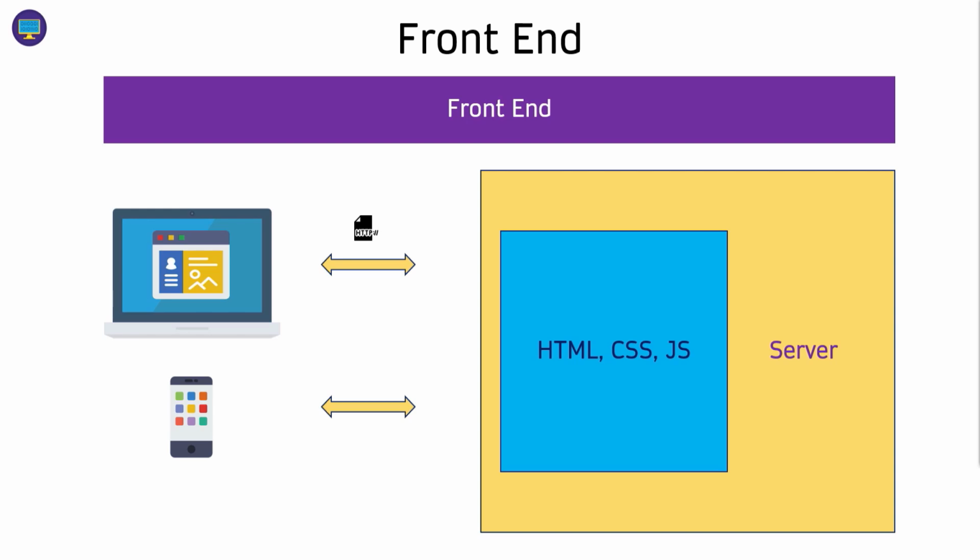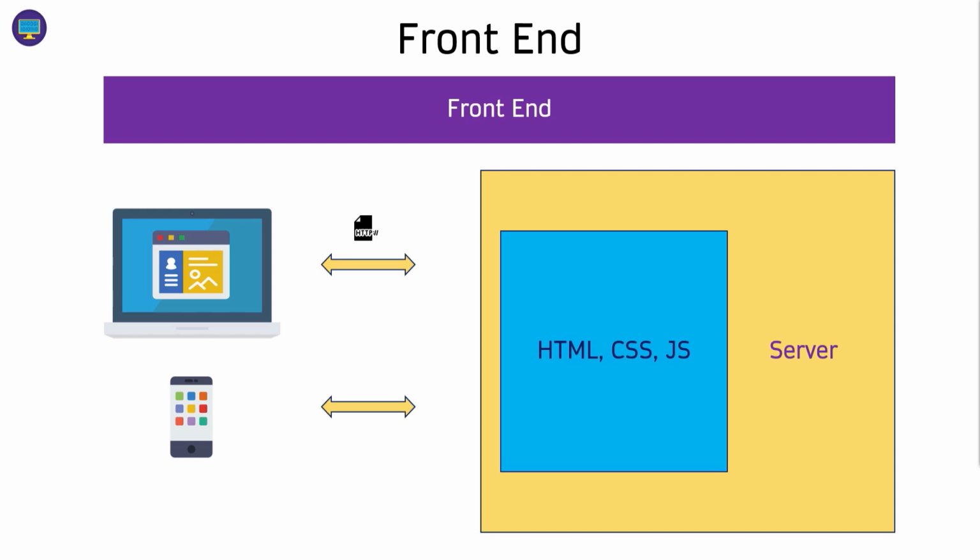If I go on www.facebook.com, this is going to be prefixed with HTTPS, colon slash slash. It's HTTPS because it's a secure server. So you're using the HTTP protocol so that you can access HTML and CSS resources on some server somewhere.